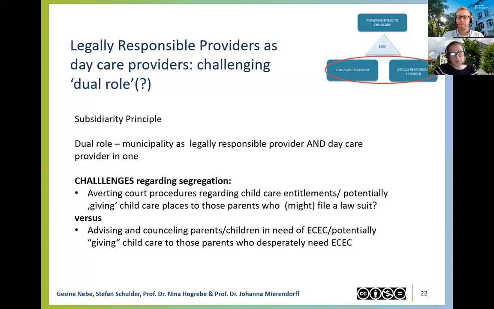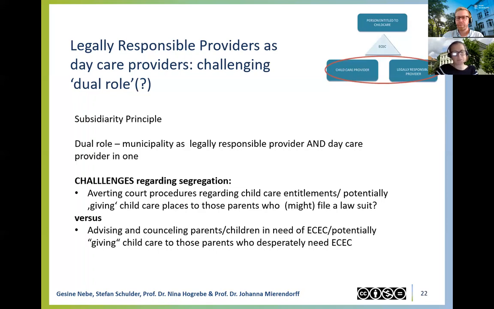In particular, our interviews from municipalities describe the challenge of dealing with highly educated parents who file a lawsuit or intend to do so. In order to prevent court procedures, it seems that some parents who, as one interviewee stated, know their way, are in a way favored over others who have registered their demand and are inscribed in waiting lists too.